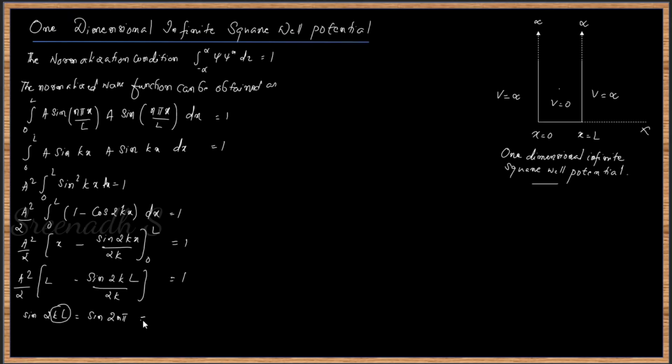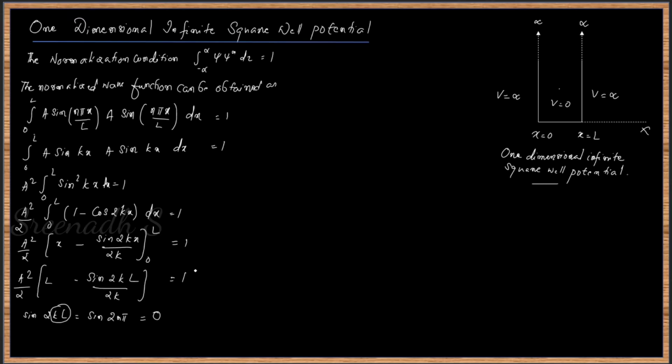What is sin 2n pi? Sin 2 pi, 4 pi, 6 pi, like that, for n having value 1, 2, 3. So that value is also 0, so that term we can neglect. So the sin 2kL term becomes equal to 0.